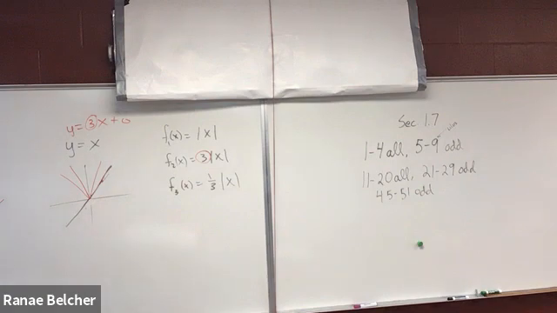Into the printer. I'll be right back. This is for number 9. It's got a bigger graph, although you might rather do it on graph paper. I don't know, because this doesn't have a grid.